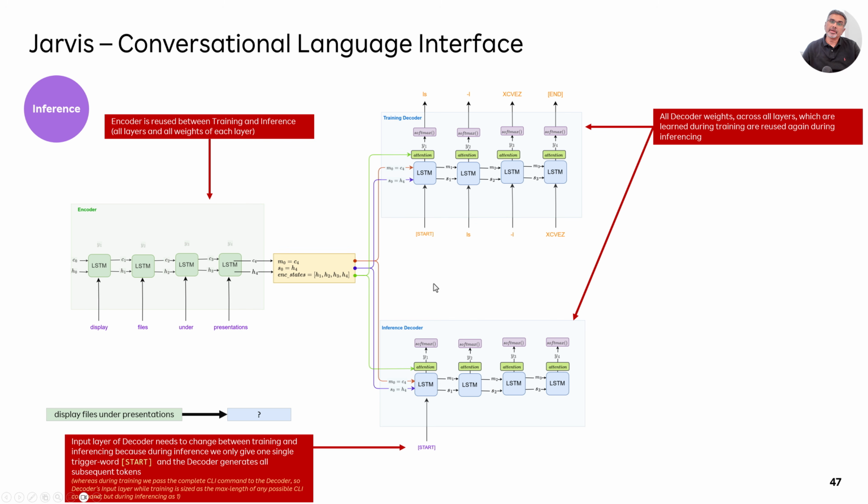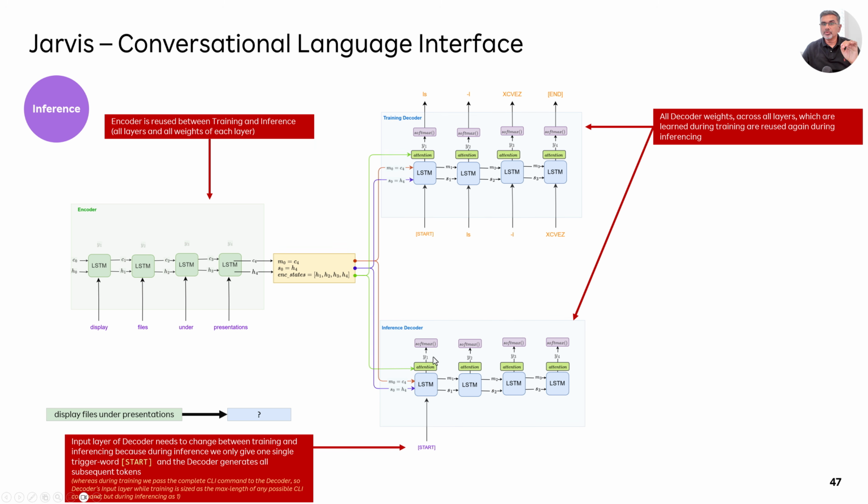It is supposed to make a prediction and generate the first token in the output command, correct? So that's the only change you make to the sequence to sequence model between training and inferencing. All the weights are reused exactly the same way. Encoders, all the layers are exactly the same. Decoders, all the weights are exactly the same.